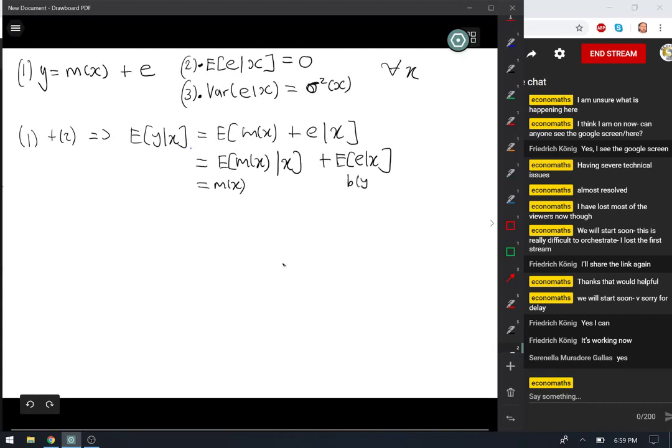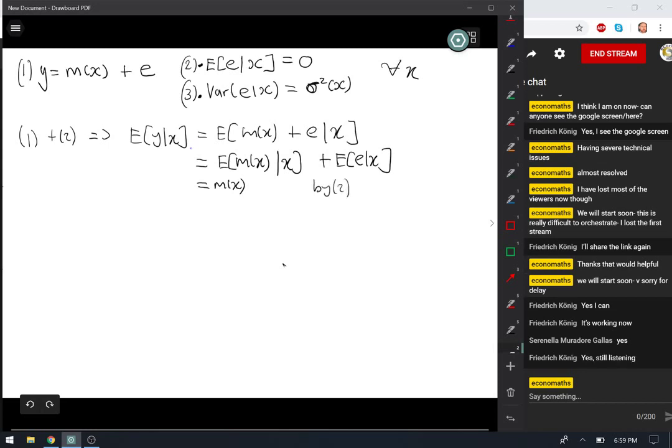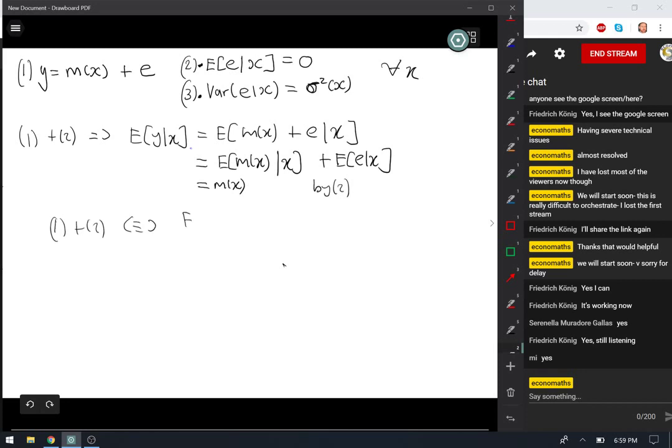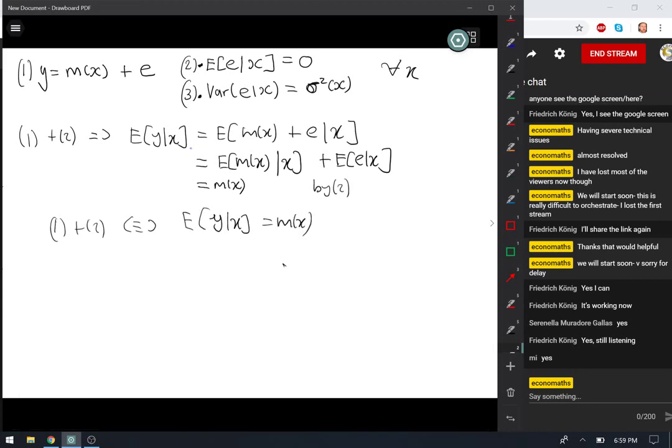So we can see then that these two assumptions, 1 and 2, are equivalent to E of y given x equals m of x. All we're saying is that this conditional mean of y given some value of x is equal to m of x. So this is a very mild assumption. We've not said what the form is. It could be anything. It could be any nonlinear function.